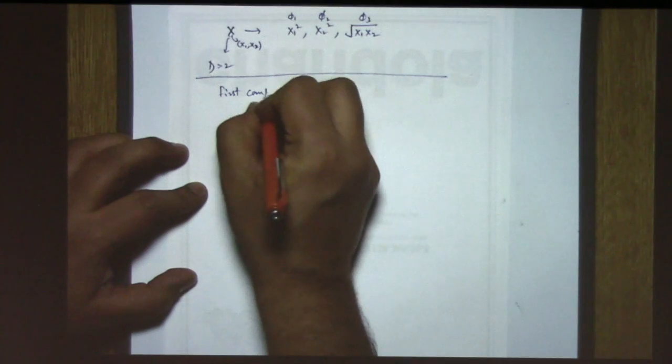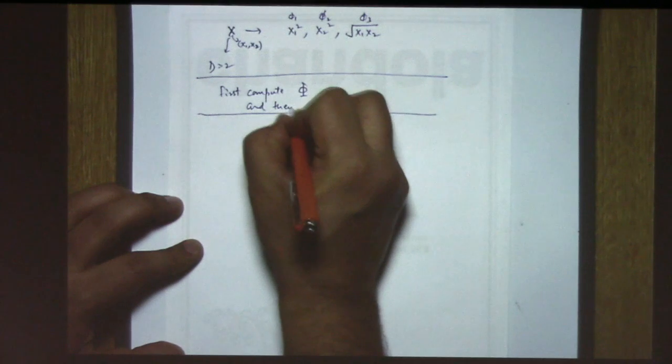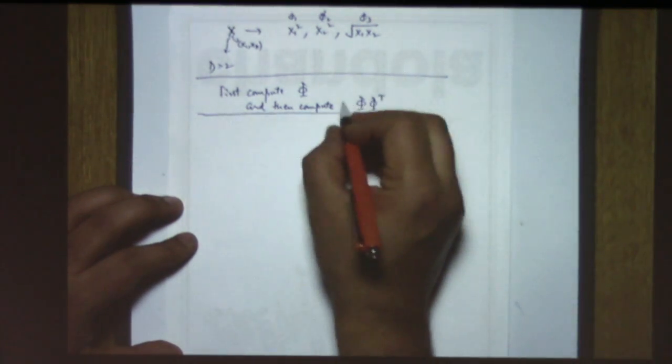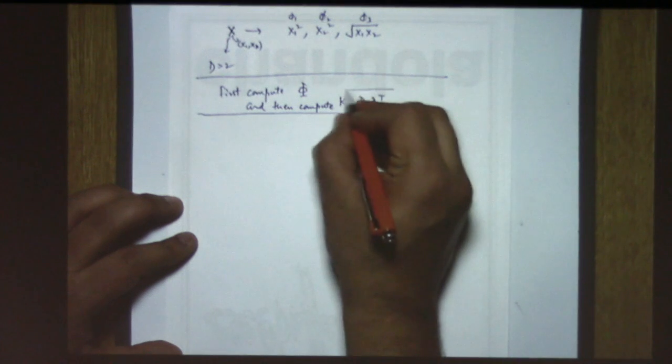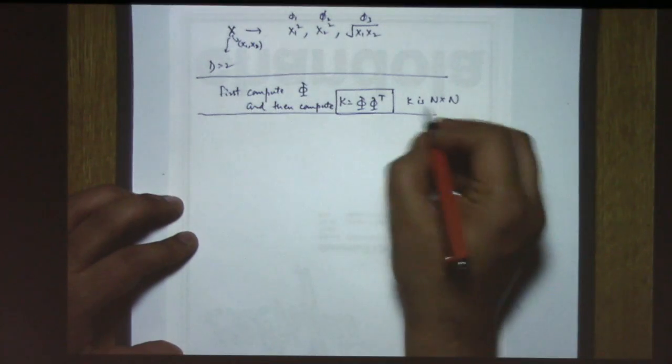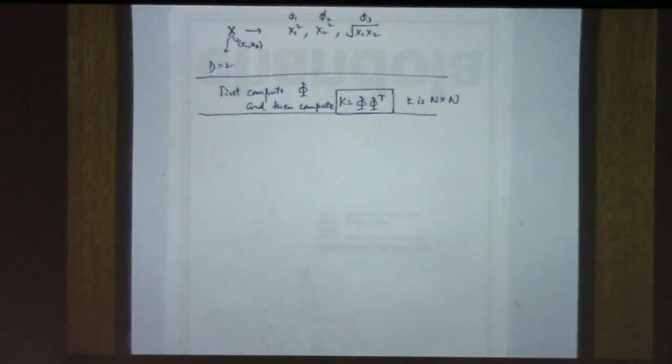So you take each object and replace it by three of these. To do this nonlinear mapping, you can do the long process where you first explicitly compute your big matrix phi, where you take each data object and multiply them. And then compute phi transpose, and from now on I'm going to represent this with the matrix K. K is n cross n, such that every entry in K is the inner product between these two.